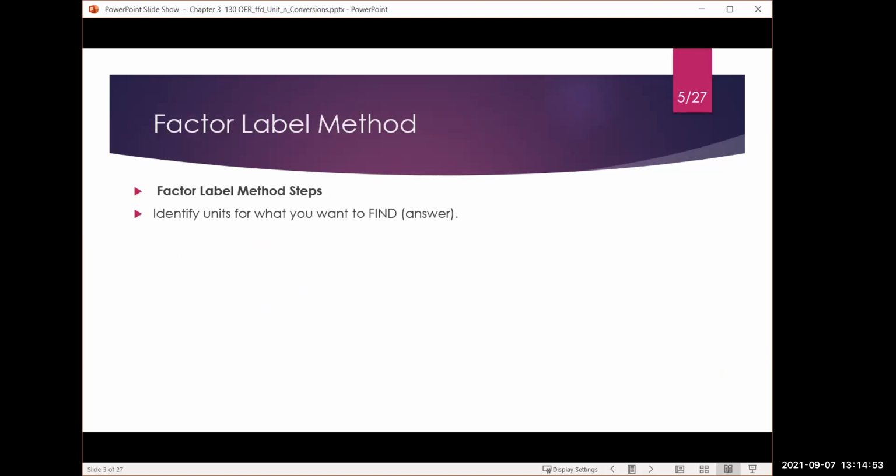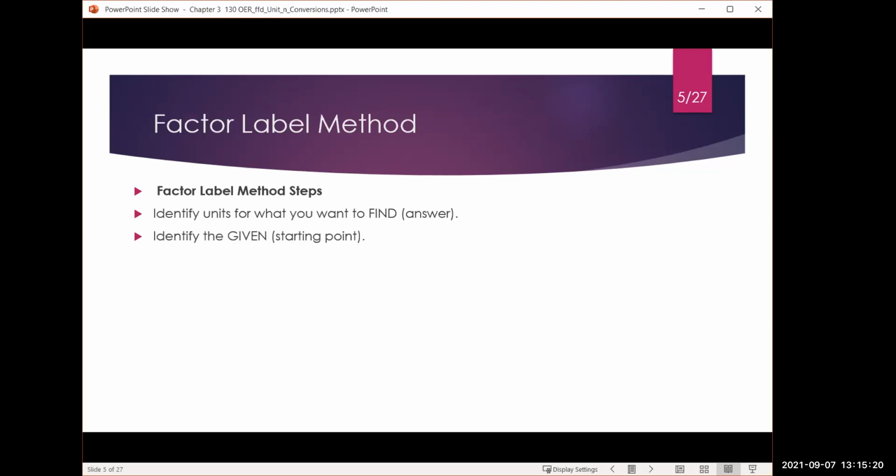All right. So what we utilize is what the book talks about and names as the factor label method. Okay, it's a fancy name for, hey, keep track of your units and you'll set this up properly. Okay, and there's a couple of steps we'll go through. First, identify what units you are looking for. What is your answer? What is the ultimate unit at the end?